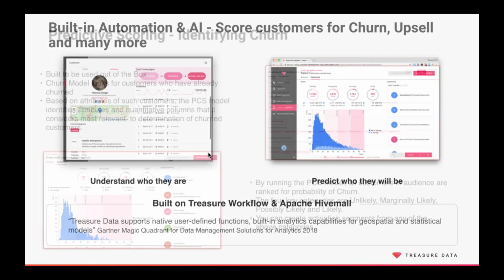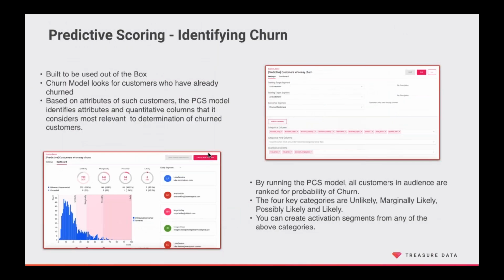So let's look at how our churn model is created. Like I said, the predictive customer scoring can be built out of the box. What the churn model does is you need to identify a segment for customers that have already churned.